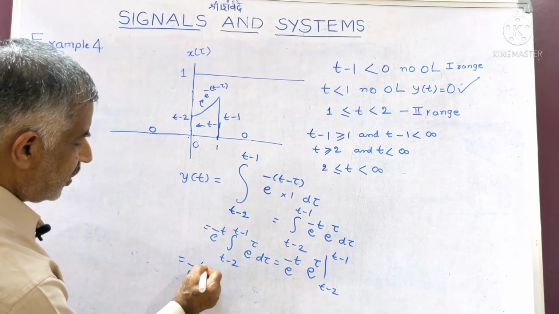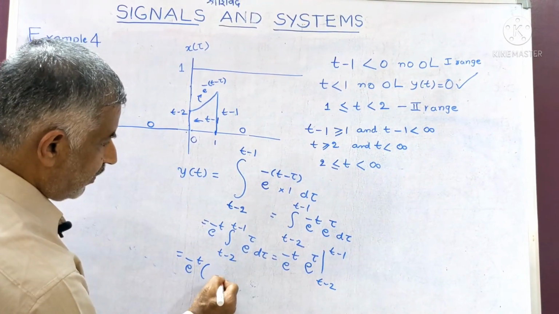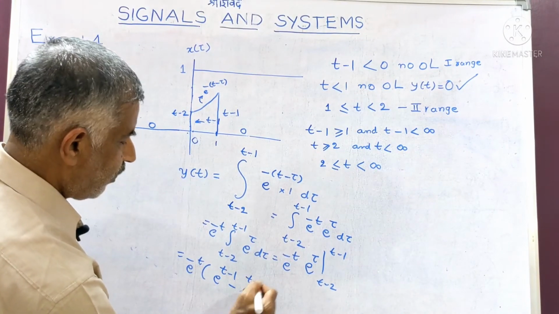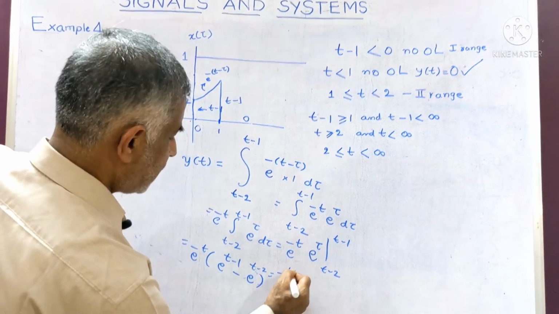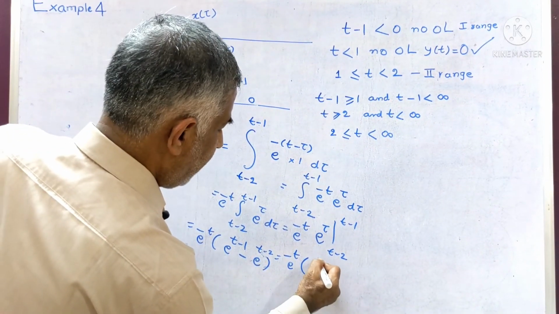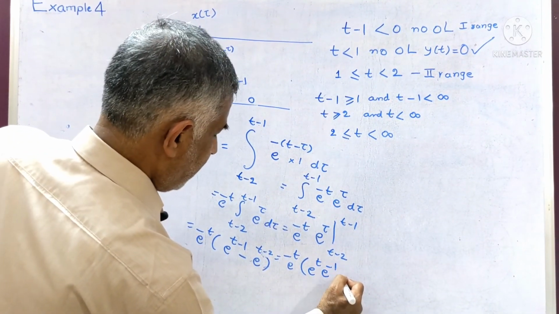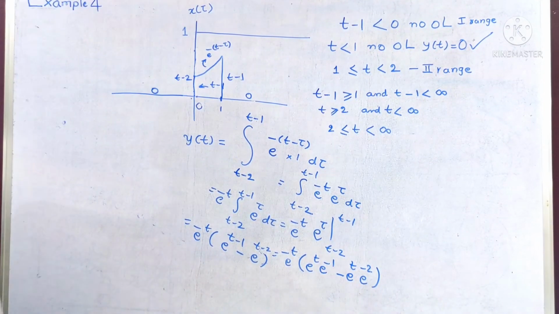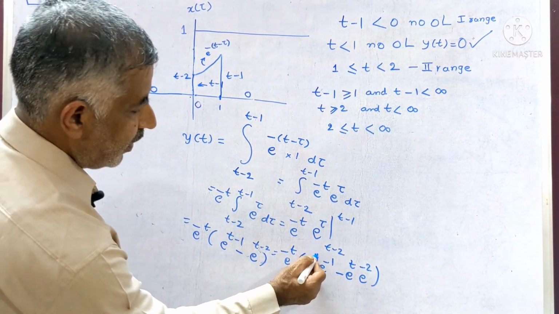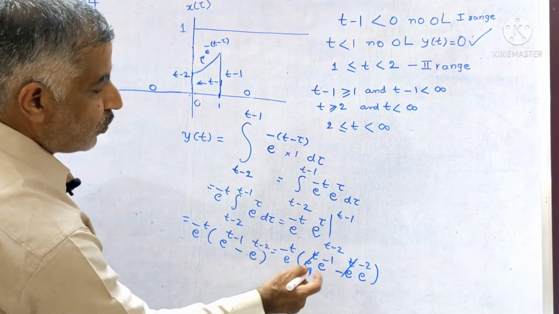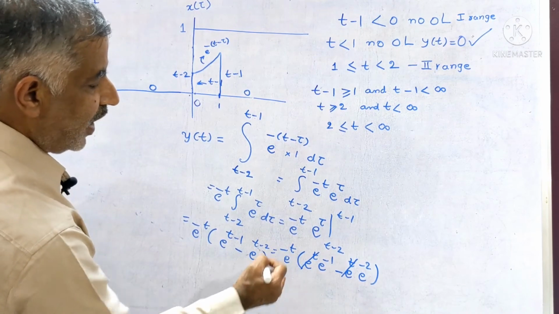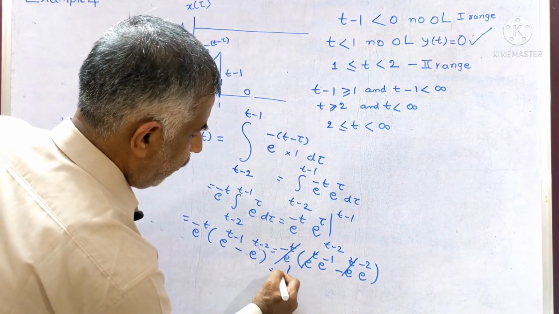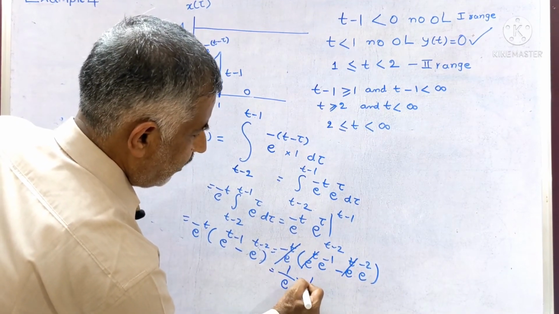Equals e power minus t times (e power t minus 1 minus e power t minus 2), which is e power minus t times (e power t e power minus 1 minus e power t e power minus 2). So e power t is common and can be taken outside. When you combine it with e power minus t, it becomes e power 0, that is 1. Therefore, the answer is 1 by e minus 1 by e square.